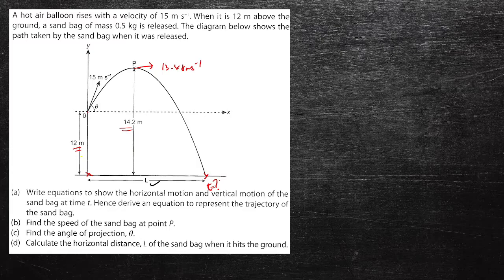You have to use the vertical motion. If you're using vertical motion, the one we can use is s equals ut plus 1/2 a t squared, and we know that s over here is 12 meters height.